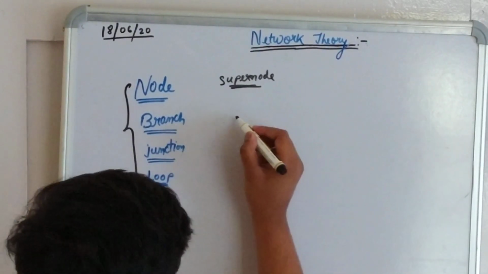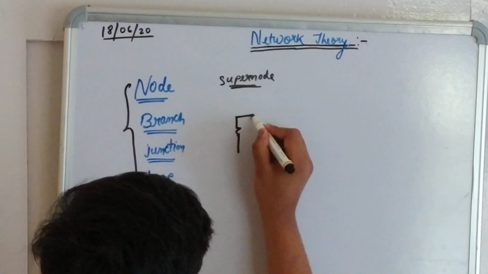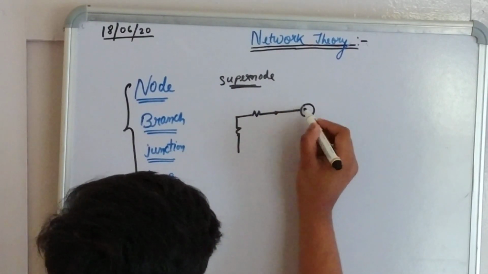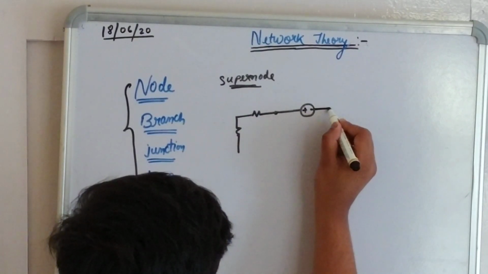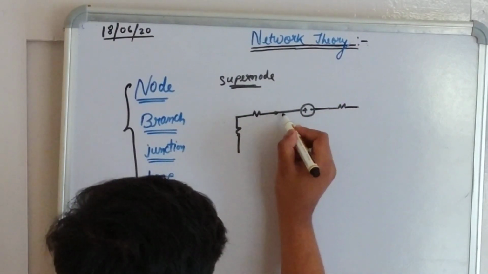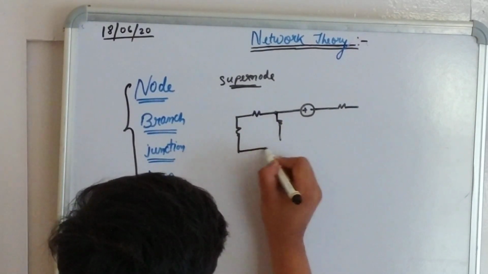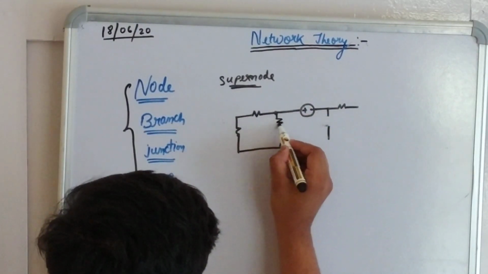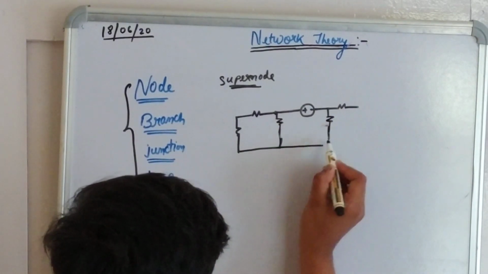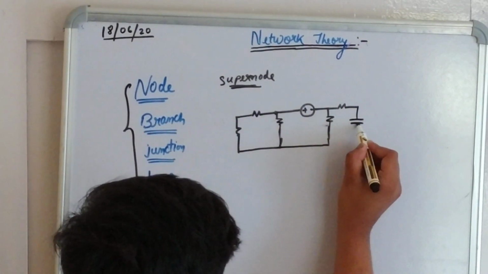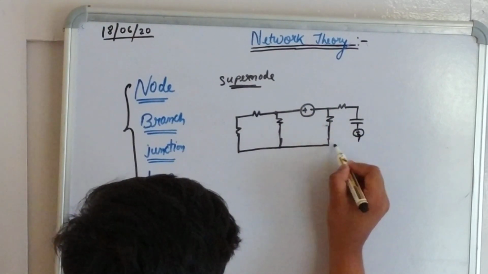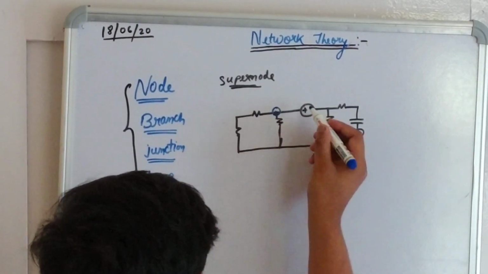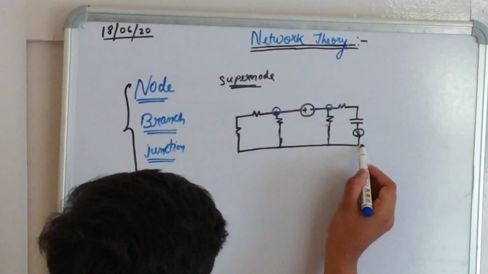Suppose this is a network. This is a junction, this is a junction, and this is one more junction.